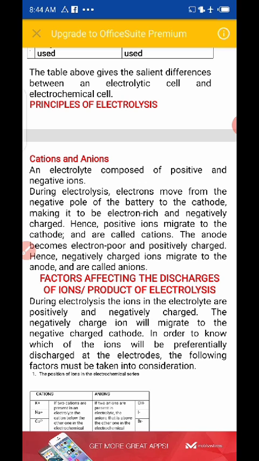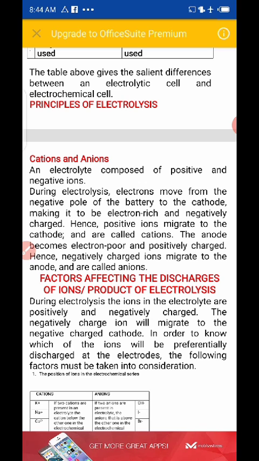What are the factors that affect the discharge of ions? Because we said that in electrolysis the ions are discharged as a matter of passing electricity through them. When you pass electricity through an electrolyte, the electrolyte dissociates, breaks down and gives off the ions.